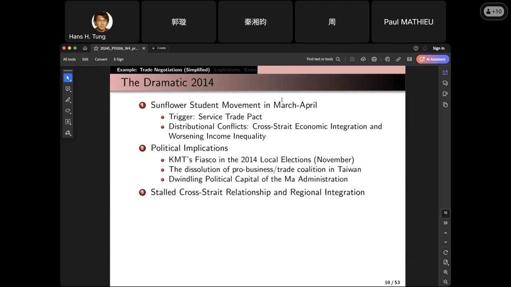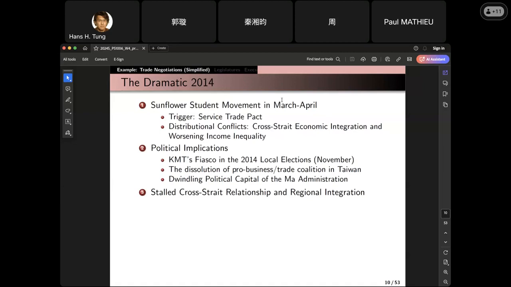So the trigger was the government back then, they signed a service trade pact with China in Chongqing, and then they brought the deal back to Taiwan to allow our Congress to ratify that treaty. But the thing is, obviously, back then the opposition party was the DPP, and they were not obviously happy about that.